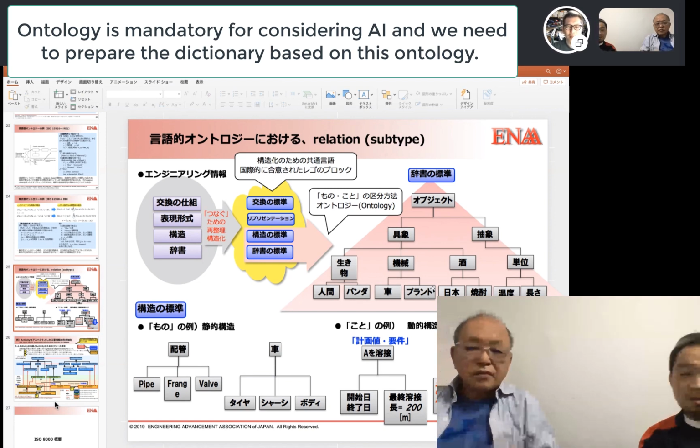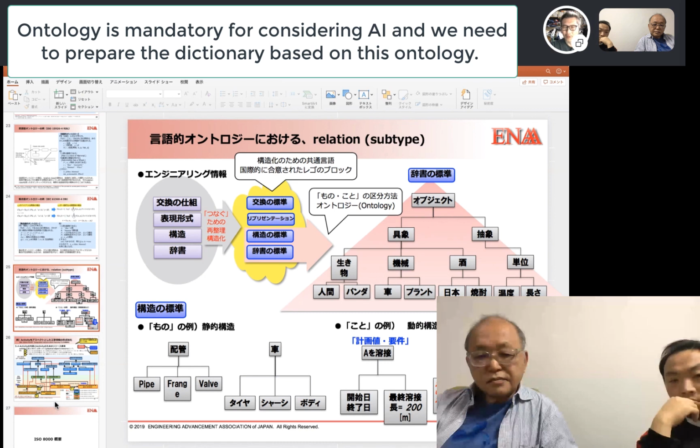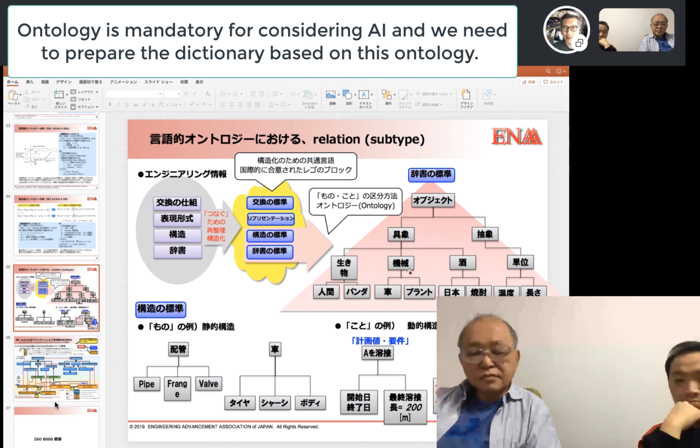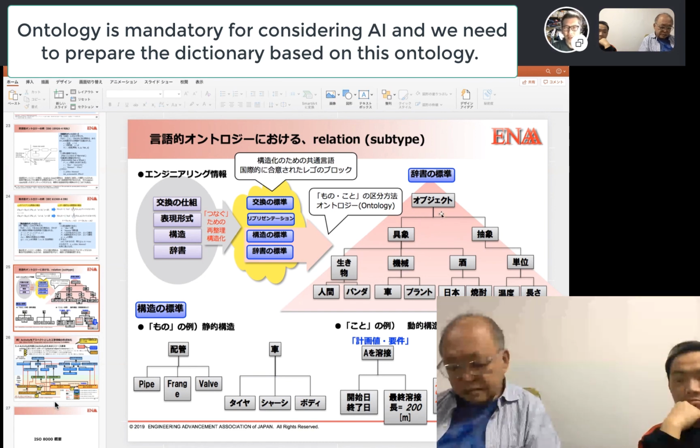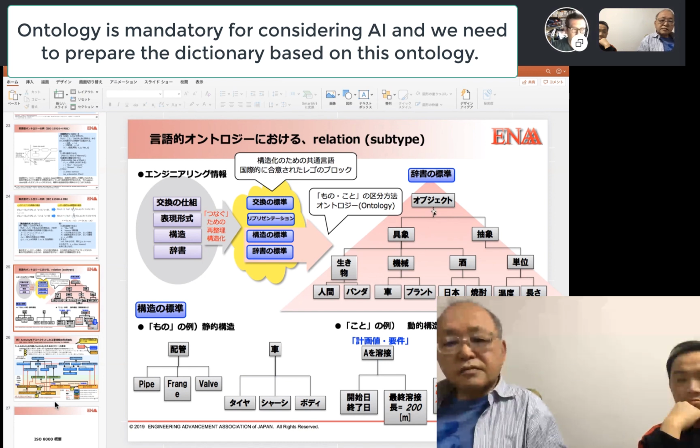So when we are preparing the dictionary, we have to classify everything along with some specific rules. This is one of the ideas. Starting from an object, it can be classified into abstract things and non-abstract things in such a way.